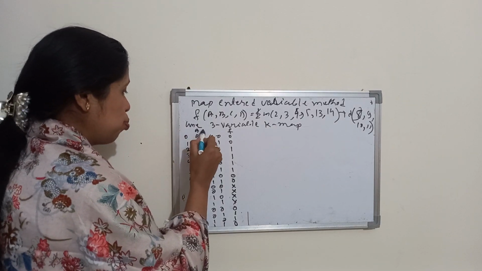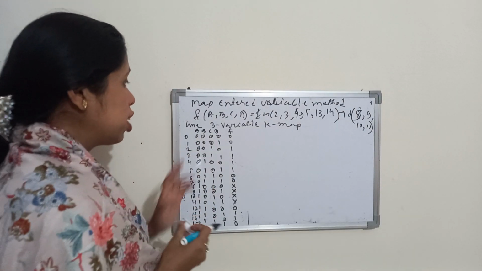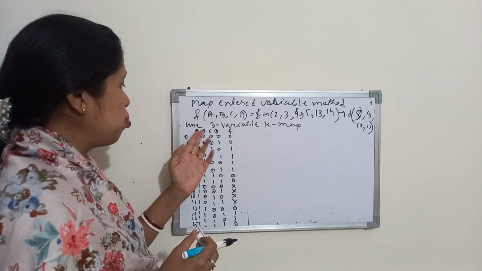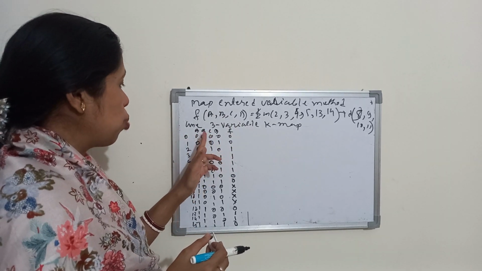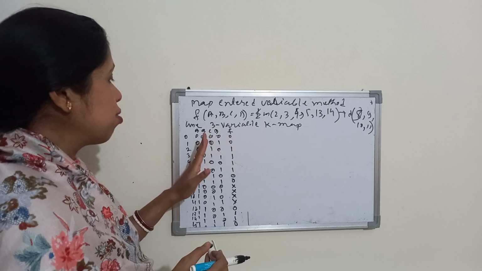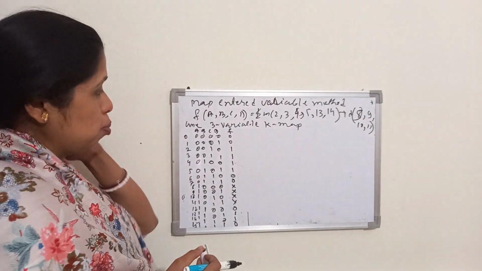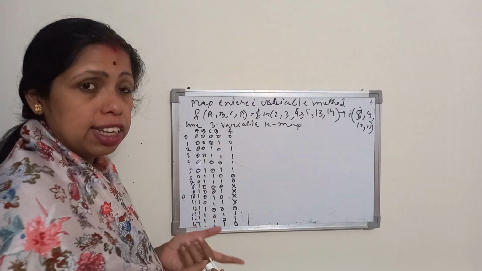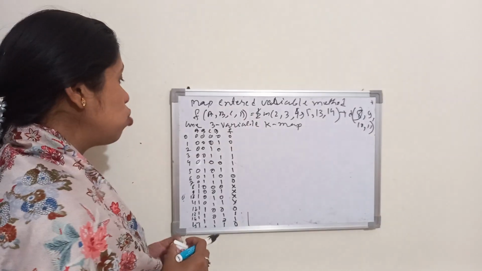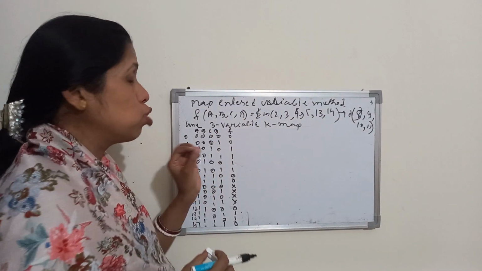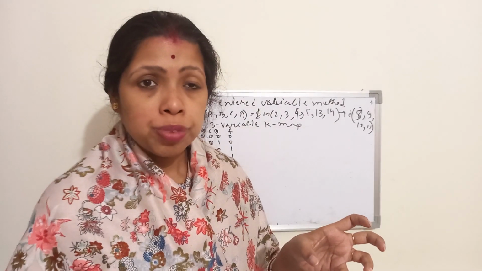Now here it is A, B, C, D. In a three variable K-map, either you can use ABC or BCD. Better if I use ABC. So where will D be in the three variable K-map? D will be used as a map entered variable.